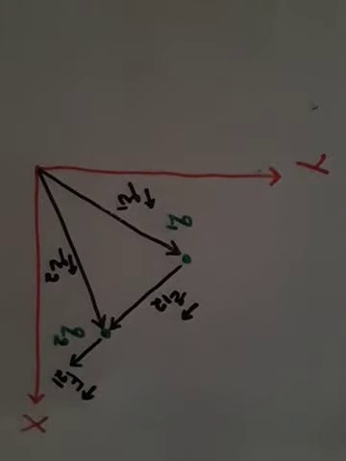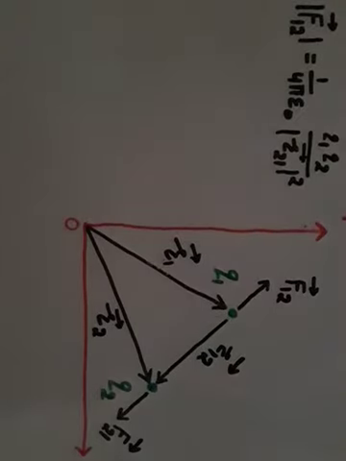Let both charges be of the same nature, so they will exert a repulsive force on each other. Force on the second charge exerted by the first is given by F21, and force on the first charge by the second is given by F12.